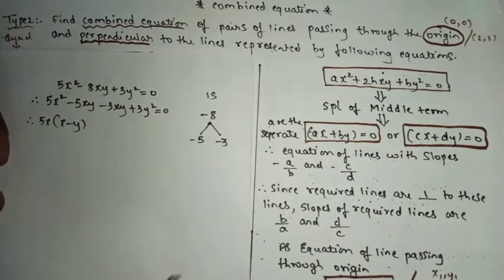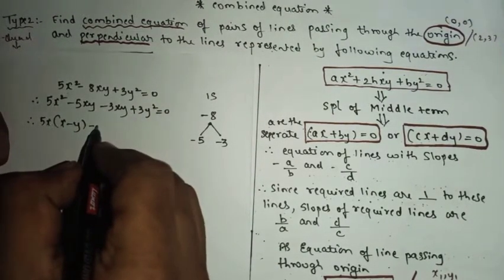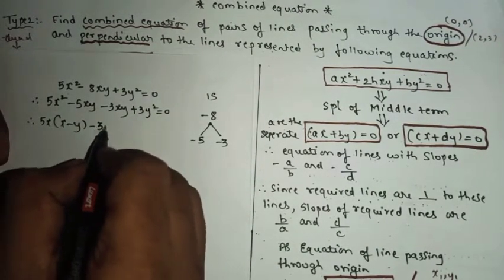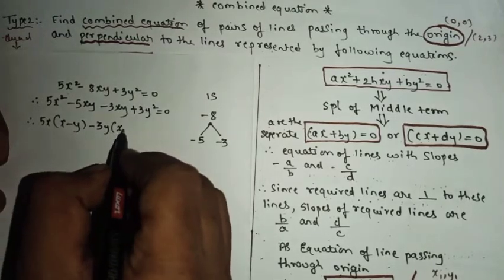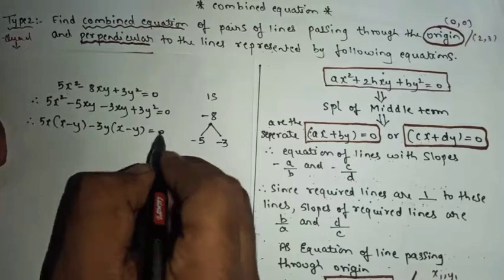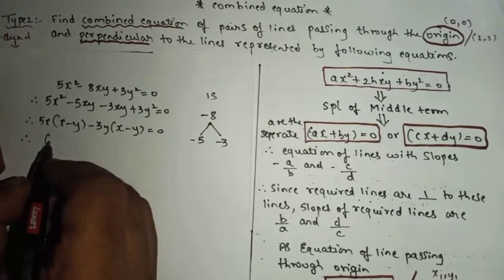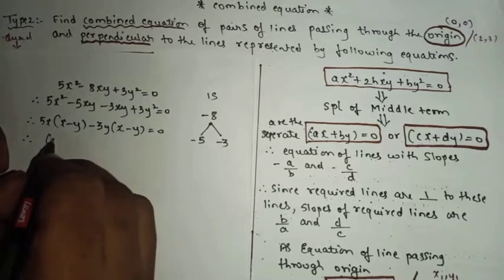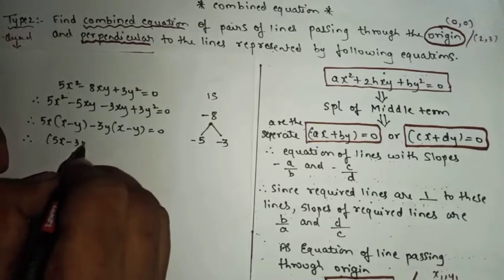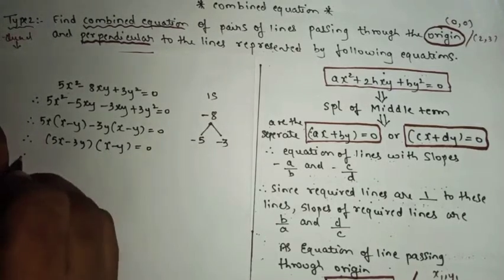Okay, so here what you will get? Minus 3y as common. So inside the bracket you will get x minus y equal to 0. So therefore, next step will be what? 5x minus 3y we will write in one bracket and x minus y in one bracket.